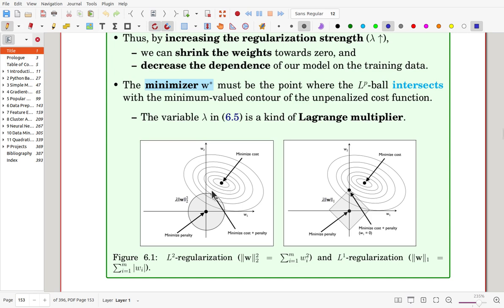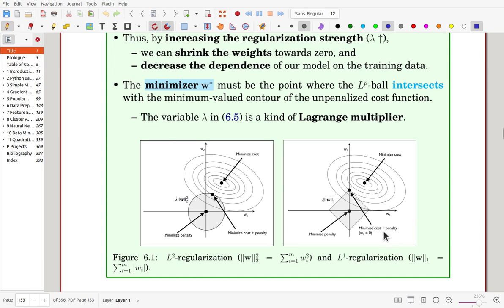So at the minimizer, the gradient of the original cost function and the gradient of this penalty term should be parallel, so that they are intersecting each other. This is for L2 regularization, but the right side is for L1 regularization.